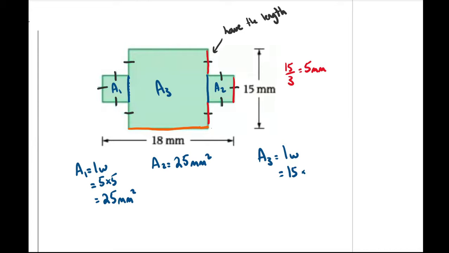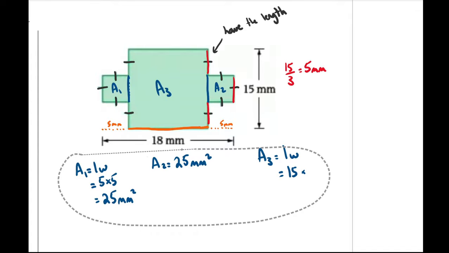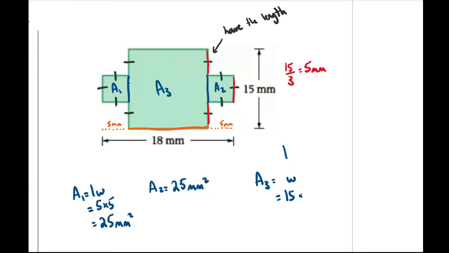And I know that this little section here is 5, because I can see that above it has the same measurement, or the tick, which was 5. And on the other end, we have another one, 5 millimeters as well. So if the entire thing is 18 millimeters, and I take away 5 on either end, that leaves me with 18 minus 10 equals 8. So that means that this measurement here is 8 millimeters.